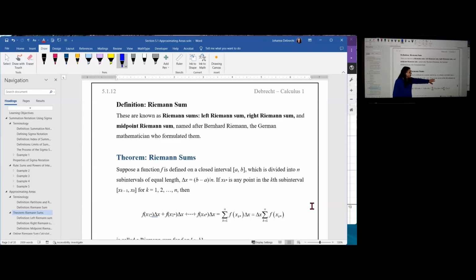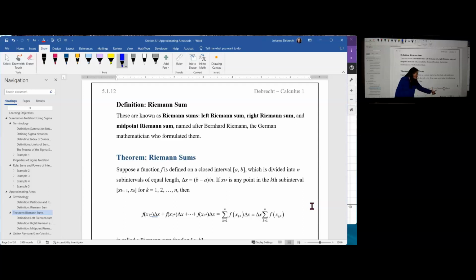If we take any arbitrary point, x sub k star, in the kth subinterval between x sub k minus 1 and x sub k, then we can approximate the area under the curve with the sum of f of x sub k star times the width of the partition, delta x, summing from 1 to n.